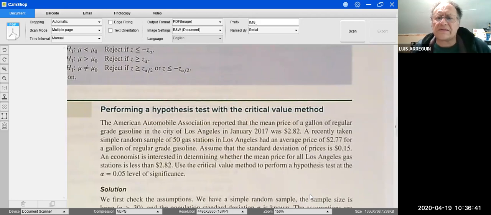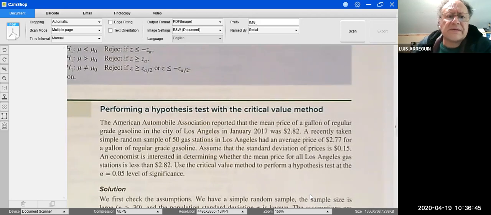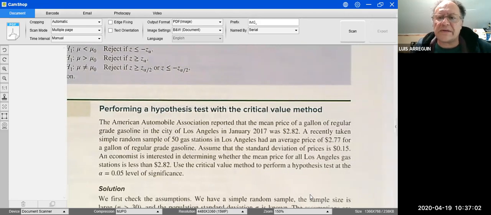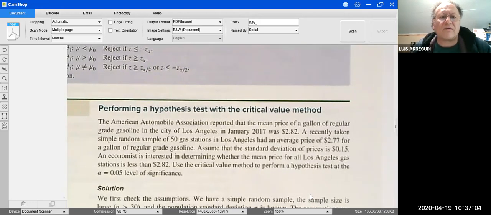Assume that the standard deviation of prices is $0.15. An economist is interested in determining whether the mean price for all Los Angeles gas stations is less than $2.82. In this case, you're going to use the critical value method to perform a hypothesis test at the alpha equals 0.05 level of significance.